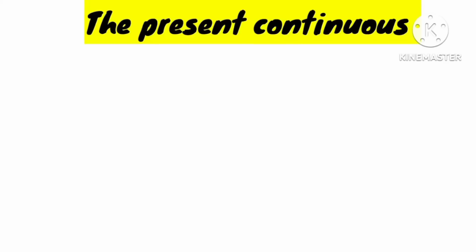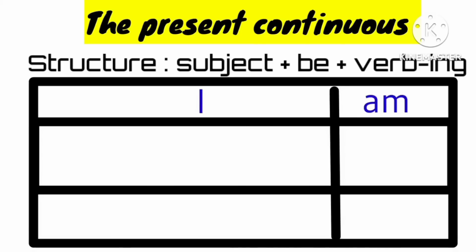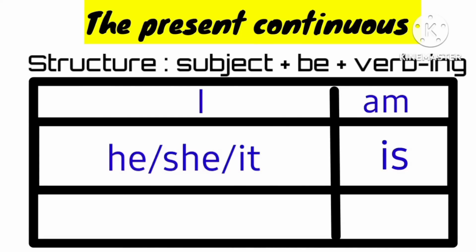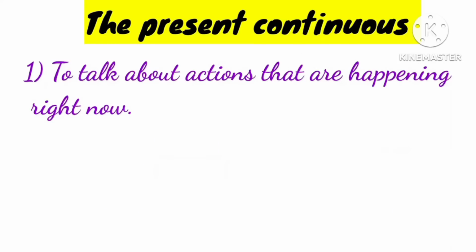continuous tense. The structure of present continuous tense is subject plus be plus verb ing. Okay. For I, we are using am. For he, she, and it, we use is. For you, we, and they, we are going to use are.